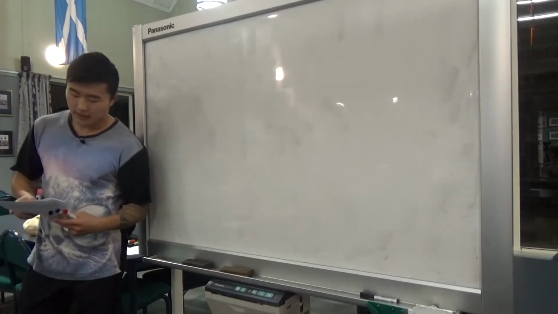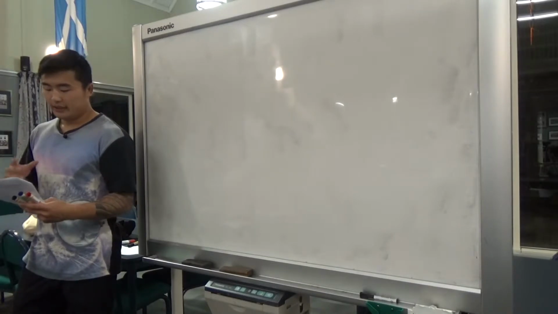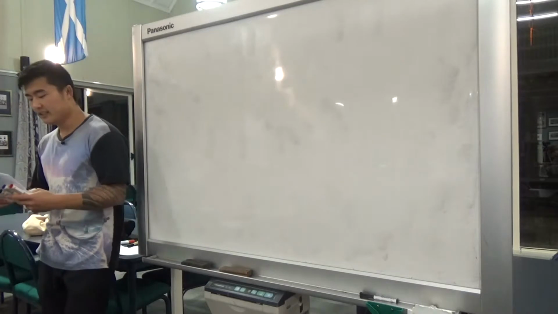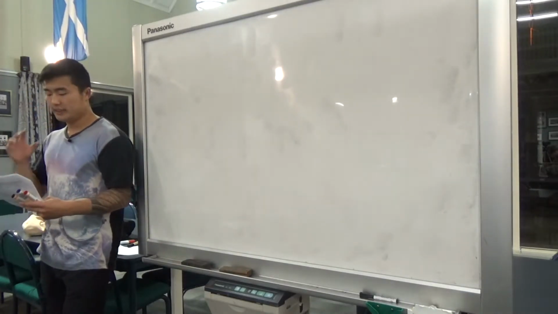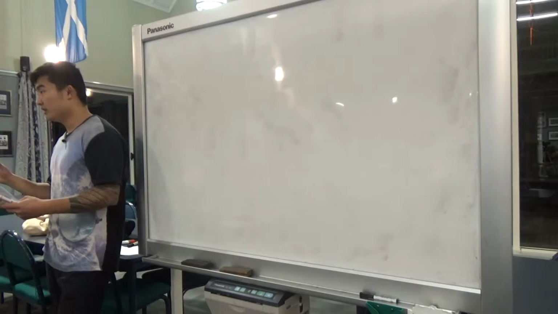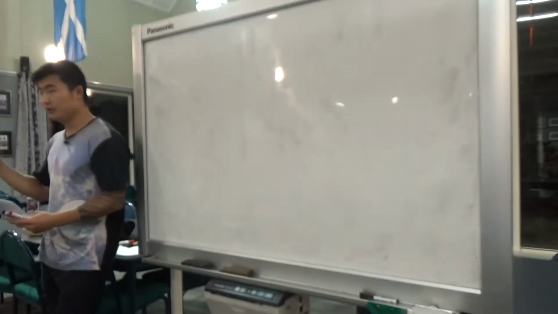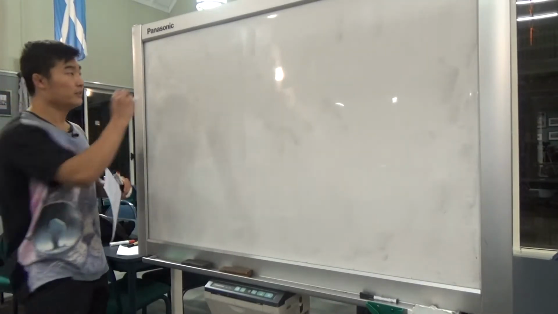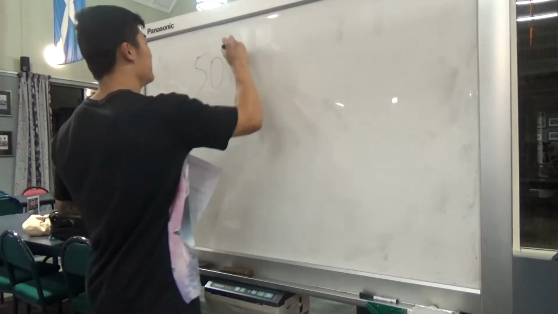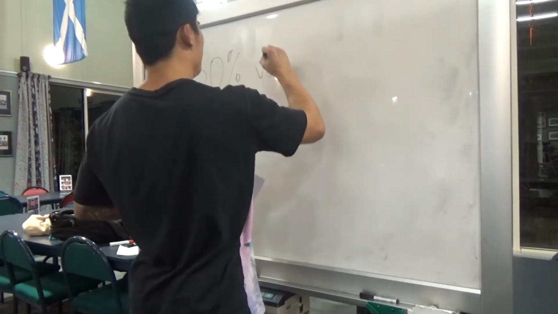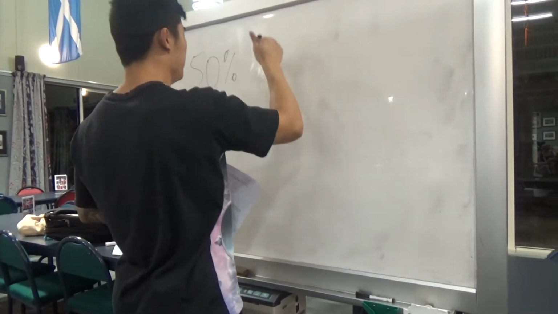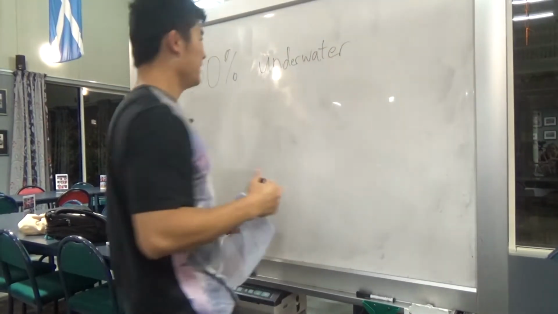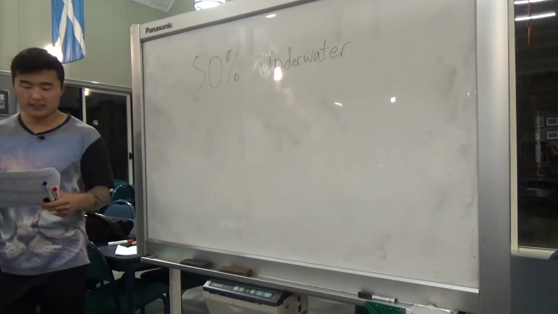And then the next thing to know is that here we've got a volume of 1 meter cubed, so that's the volume of the sphere, and it's displacing 0.5 meters cubed, which means that 0.5 meters cubed is underwater. So that means that 50% of the volume is underwater. Okay, so 50% is underwater.